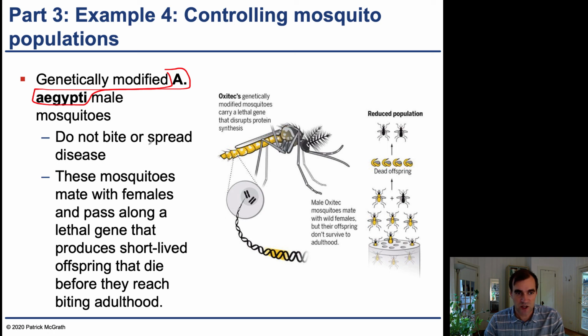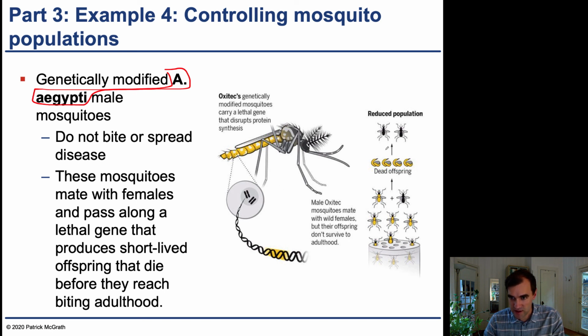Male mosquitoes do not bite or spread disease, so they do not feed on blood, but these mosquitoes mate with females that do. And so they were able to genetically modify these mosquitoes to carry a lethal gene within them.